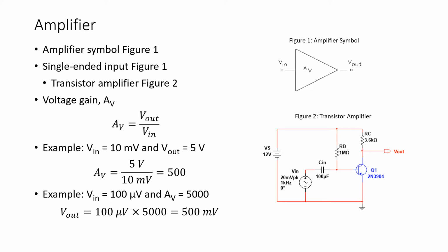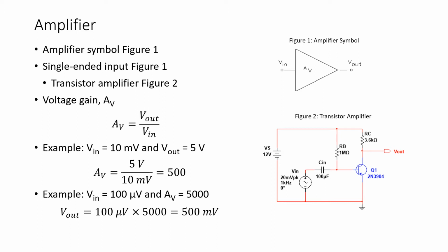Gain is symbolized with the capital letter A, and the subscript V denotes voltage gain. Mathematically, voltage gain is V out divided by V in. For example, if an amplifier has an input voltage of 10 millivolts and an output voltage of 5 volts, then the voltage gain is 500.